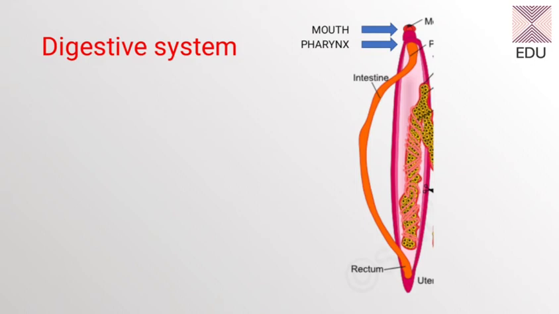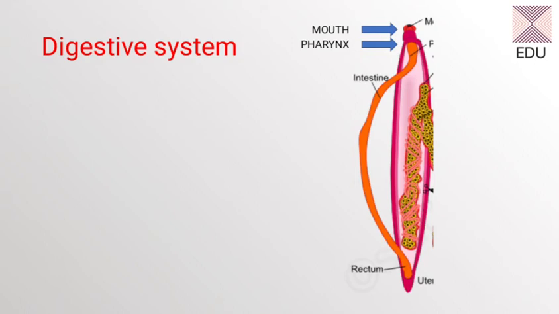The wall of the pharynx consists of radial muscles, and the wall also contains some glands which are called the pharyngeal glands. Internally it is lined by cuticle. You can say this pharynx is a round, somewhat pipe-like structure.